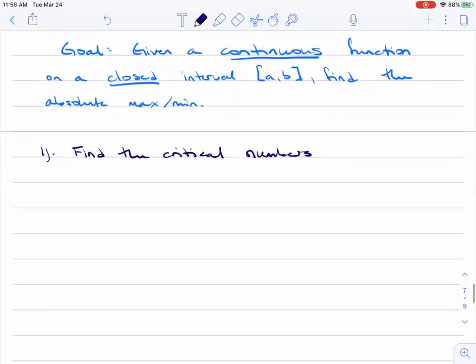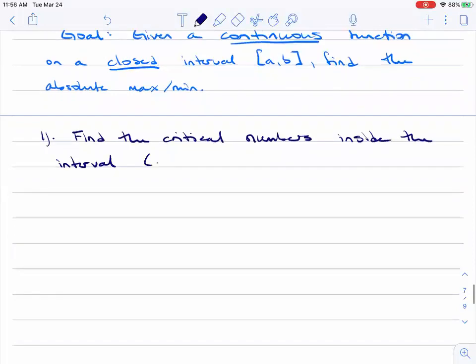Find the critical numbers inside the open interval AB, so not including those endpoints.